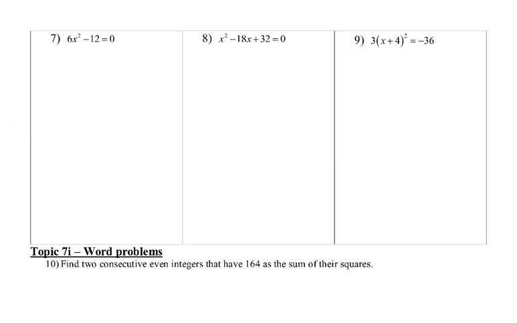Number 7 is a little bit different because I don't actually see a middle term. So we think of our standard form equation, and in this case there's an ax squared and there's a c, but there's no bx. So what that means is when we go to do our discriminant, a is going to be 6 and c is going to be negative 12, so that must mean that b is 0. There is 0x in here.